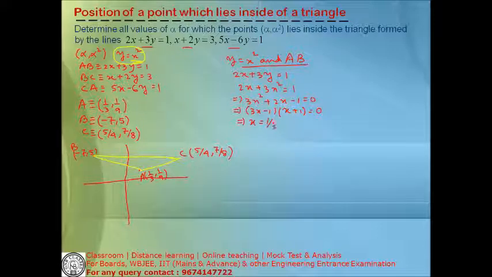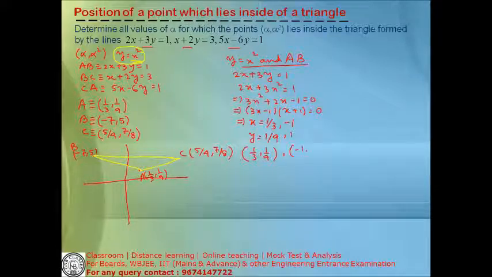When x is 1 by 3, your y is 1 by 9, and when x is minus 1, your y is 1. So the points of intersection of the parabola with the side AB are 1 by 3 comma 1 by 9 and minus 1 comma 1.